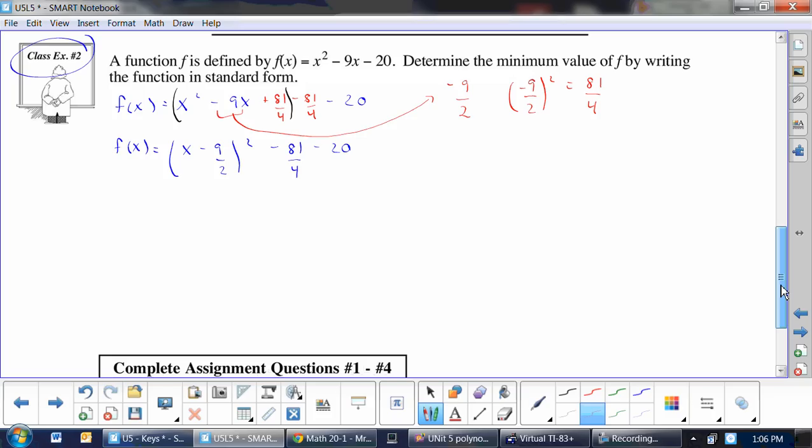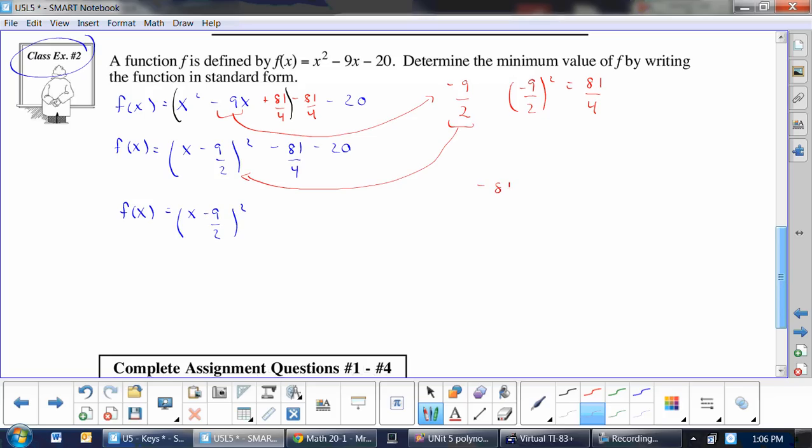So you can notice that whatever we have here is going to be that number there, right? Because it's just always going to be this middle one divided by 2. So then we want to simplify it.